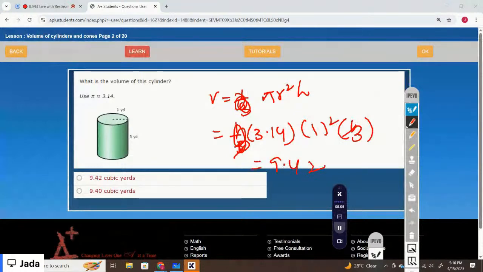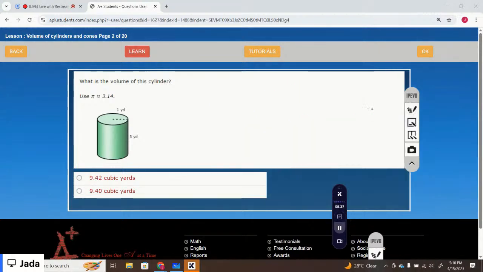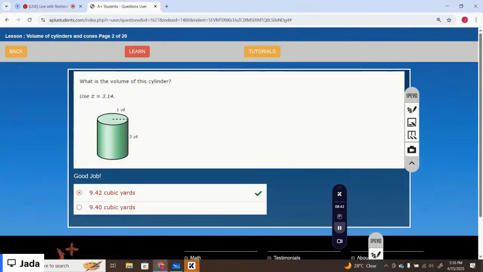That is 9.42 cubic yards. Option number 1 is the correct option.